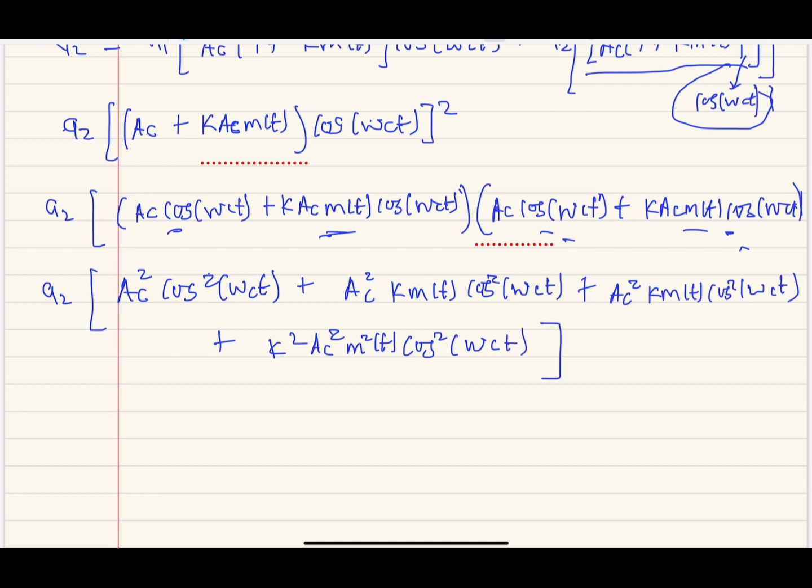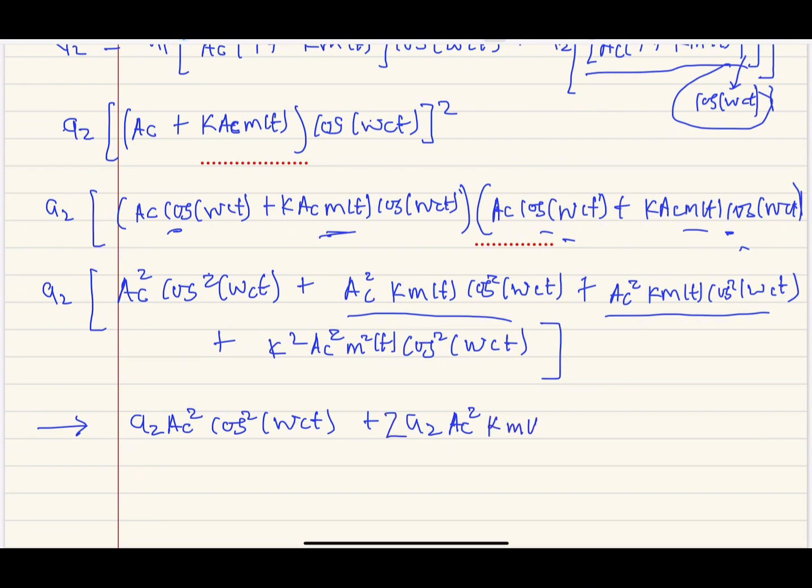Now, further simplifying, we get A2 AC squared cos squared omega ct, plus, since these two are the same, 2 A2 AC squared K m of t cos squared omega ct, plus A2 K squared AC squared m squared of t cos squared omega ct.